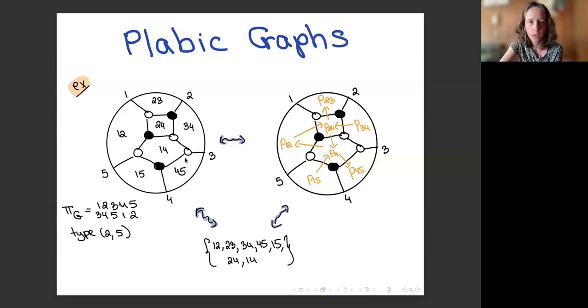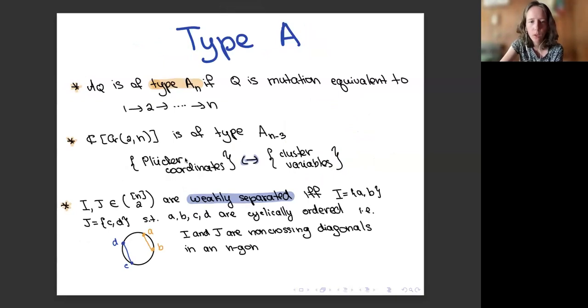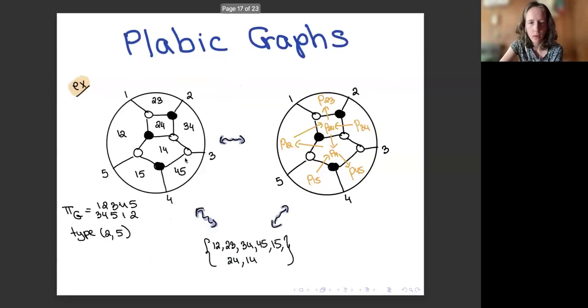Oh, let me just say this. This gives us a very good understanding of these seeds where every entry is Plücker. We do not have a good combinatorial understanding of all the other seeds at all. And that's actually an open problem, to figure out which other elements of the coordinate ring of the Grassmannian are cluster variables.